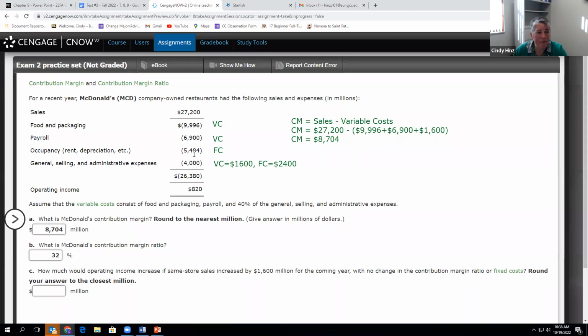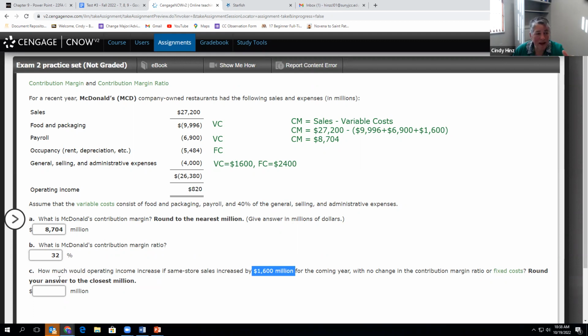We know that because we have a positive operating income. We don't even really need to know that to answer this question though. How much would operating income increase if the sales increased by this amount?